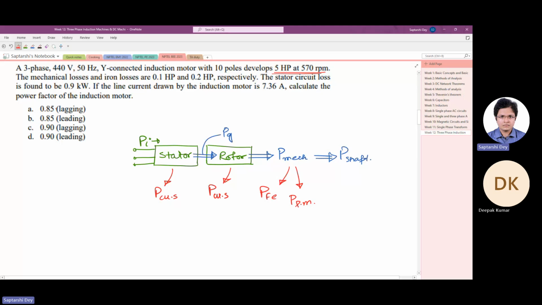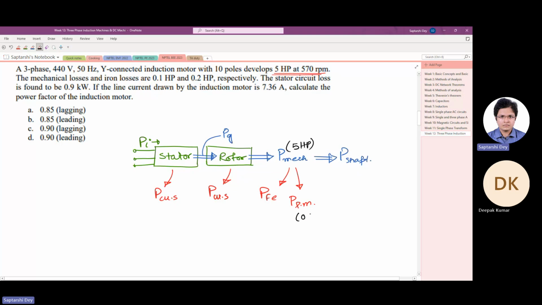Okay, so I will use black. So this Pmech is given as 5 HP. All of them are in HP. Oh, this is again kilowatt. Okay. So this is 5 HP and mechanical losses are 0.1 HP.